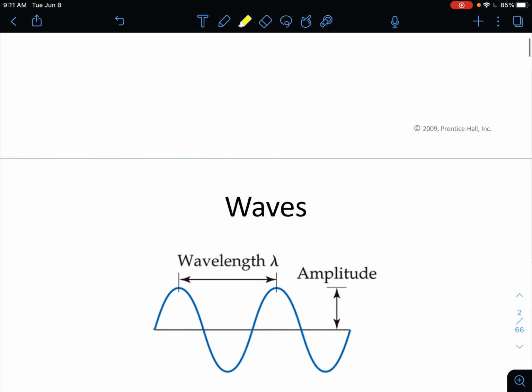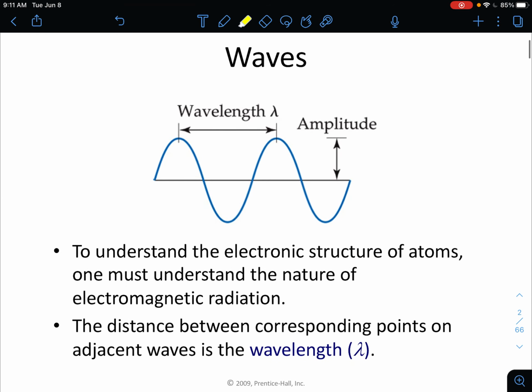So we're going to start our trip towards making that all come together by thinking about the behavior of waves. Let me say 2 things that we're interested in with regard to waves.